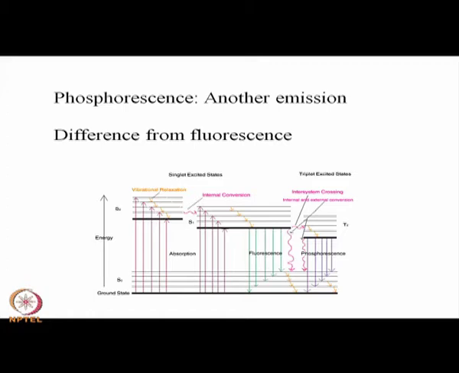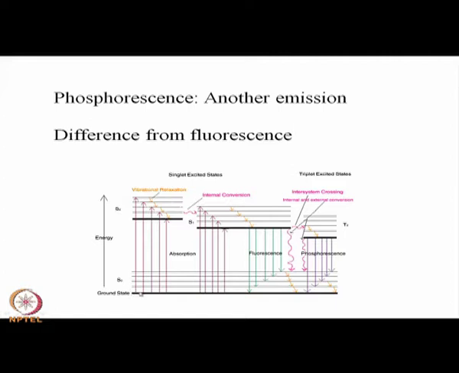This is another type of emission, which is of course a radiative process, where the involved states have different spin multiplicity, that means singlet to triplet or triplet to singlet. If that happens, that is, it is not a spin allowed process, then it is termed another type of luminescence called phosphorescence.